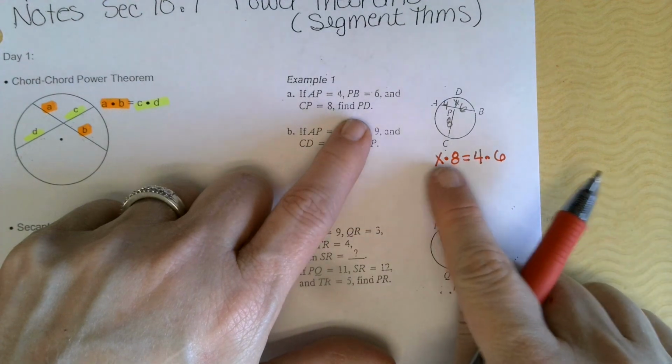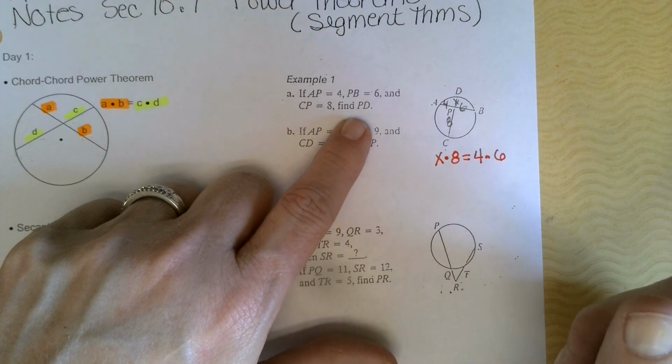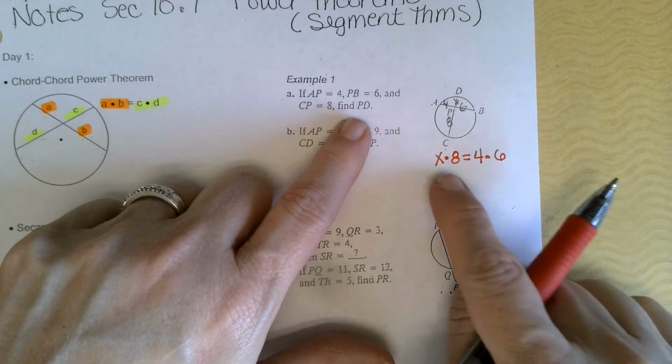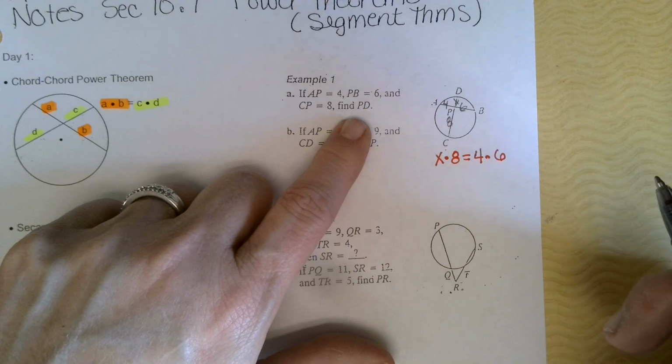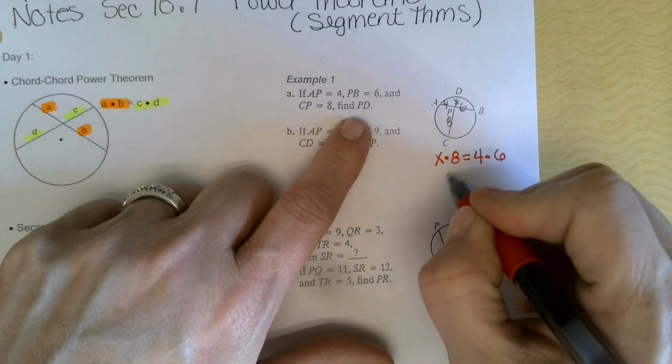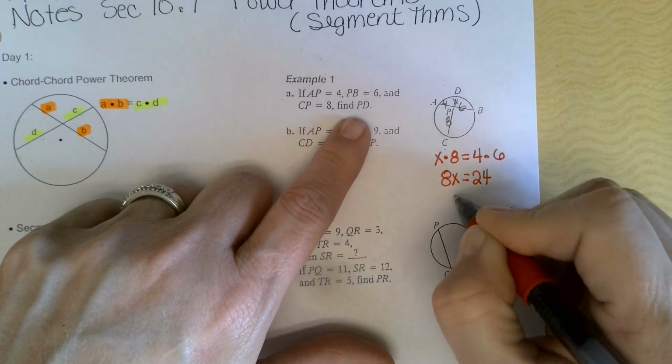And it doesn't matter which you write first. It doesn't matter the order that you write these in because multiplication is commutative. We're still going to get the same answer. So 8x equals 24, and then x equals 3.